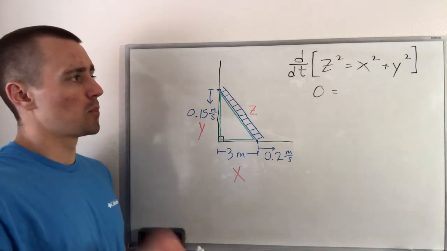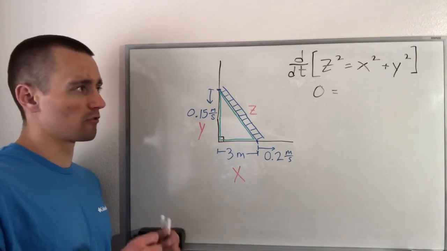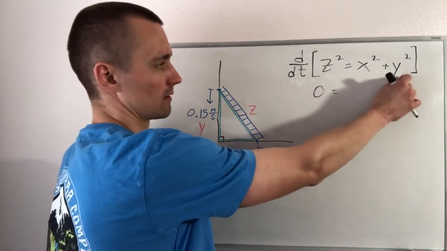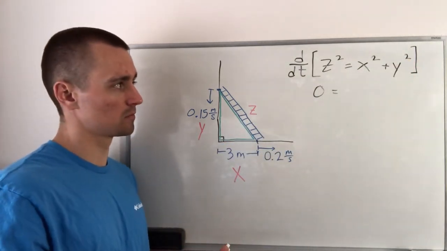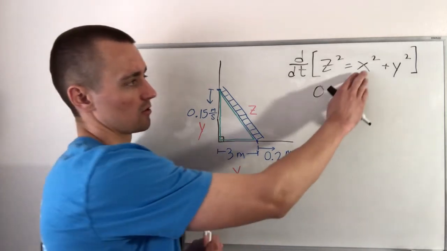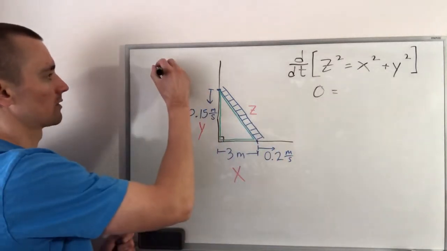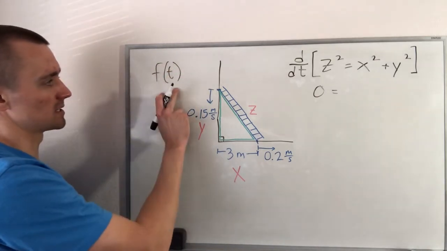But the point I'm making here is, since x and y are both functions, when we take the derivative of x squared and when we take the derivative of y squared, we're actually going to have to use chain rule for both of those. The reason for that is you want to think of x as being some function of time. So real quick, we'll come over here. Let's imagine we have some function of time. Let's just say this is x.